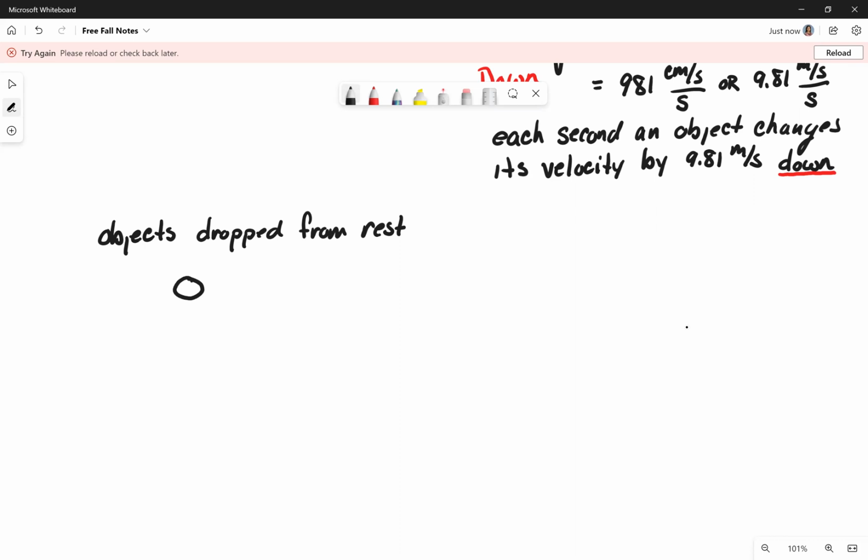If an object is dropped from rest, then the initial velocity is 0 meters per second, but its acceleration is equal to negative 9.8 meters per second squared in the downward direction. For all of these scenarios, we're going to take down to be negative, up to be positive.